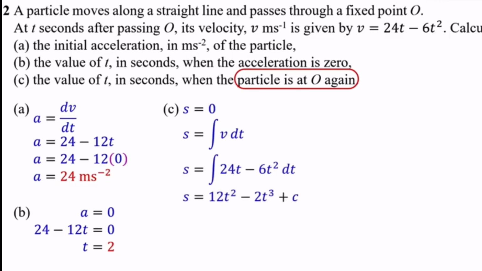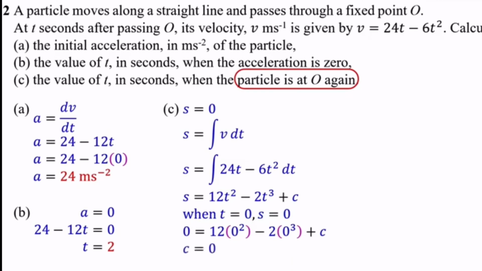Now let's integrate the velocity. It is 24t squared over 2 minus 6t cubed over 3 plus c, right? If the displacement equal to 0, that means s equal to 0, the particle is at O again.